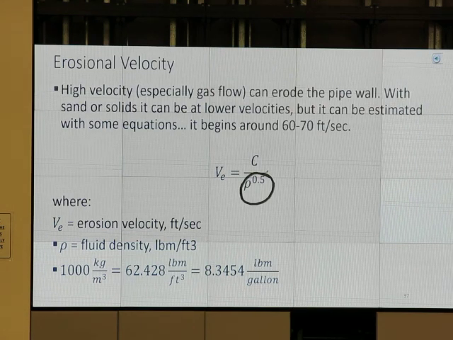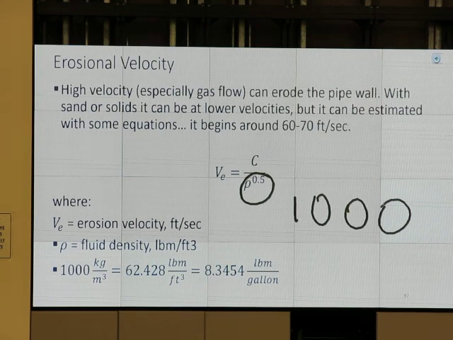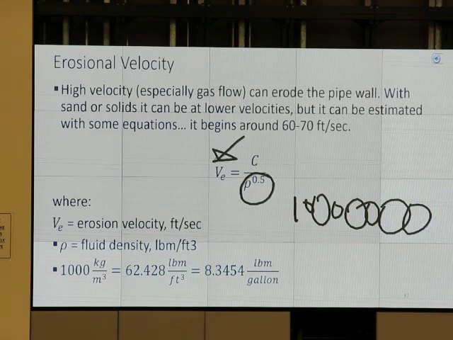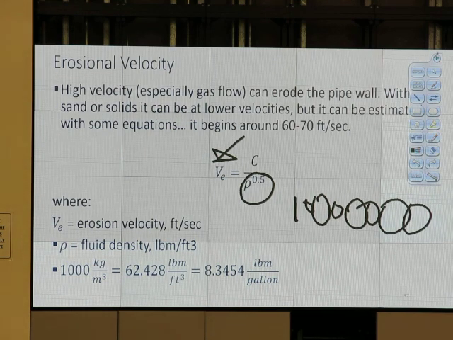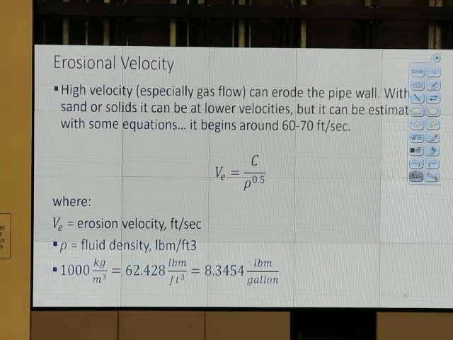This value is very big, so this makes the erosional velocity small. This means when it is dense, even a small velocity can erode the pipe, right? But when it's not dense, you can allow it to flow a little faster. Good?